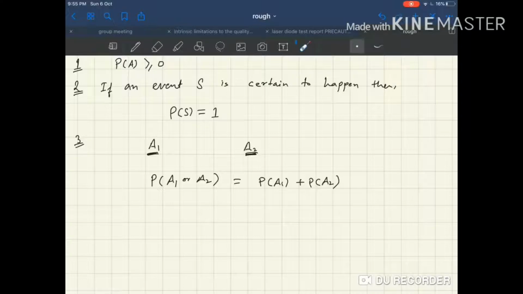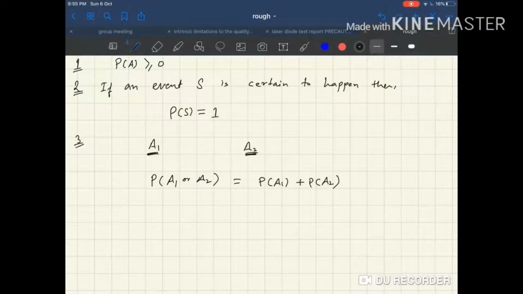You can see here that since the occurrence of A1 guarantees that the other does not occur, the probability of the occurrence of A1 or A2 is given by the sum of the individual occurrence probabilities.